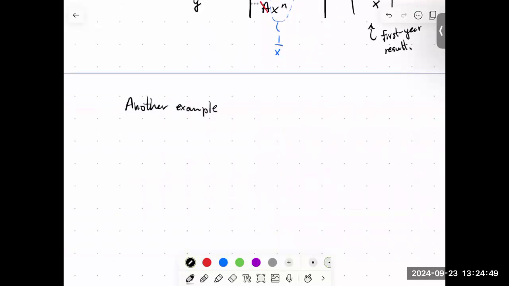Let's suppose that y was equal to x times ln of x, and we've measured x plus or minus delta x, and we want to find delta y. So now we have a problem because our first year rules told us how to handle products, but we weren't given one for the ln of x.